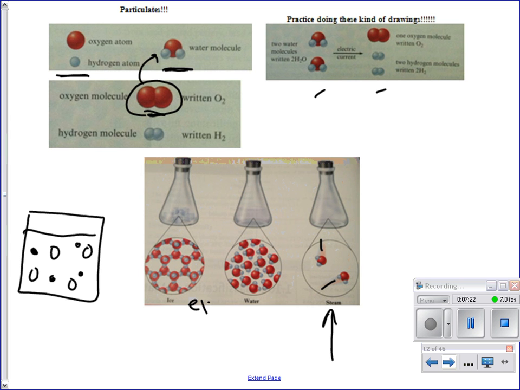Now, this right here, water, in its drawing is a little bit of an exception. You see how liquid water looks kind of flowy? Well, here we have solid water. Water is an exception because normally when something goes from liquid to solid, the molecules get closer and closer together.